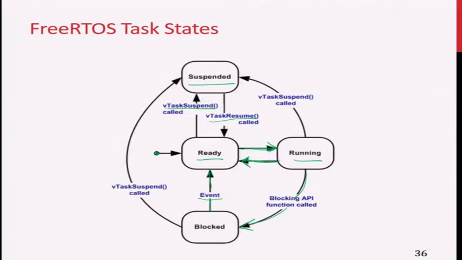Why? Because you do not decide. Who decides? Your scheduler decides, correct? That's why from ready to running and running to ready, the arrow is there, but there is no call, because you cannot decide. The scheduler will decide for you. But if I'm running, I can also always call suspend. Then I can go to a suspended state.